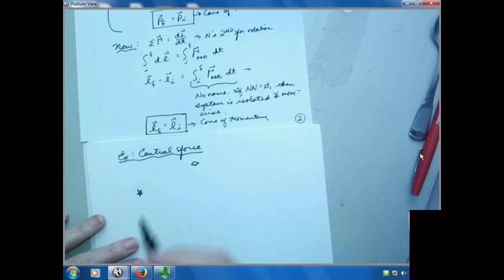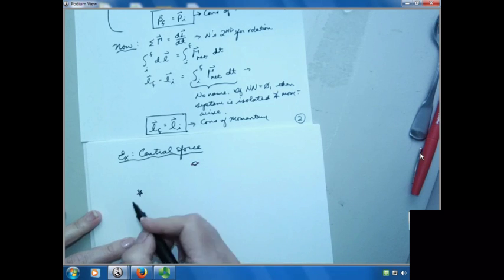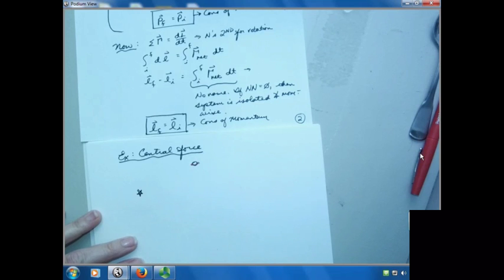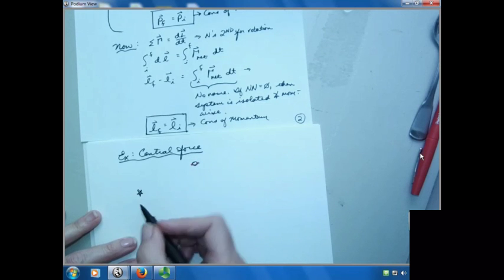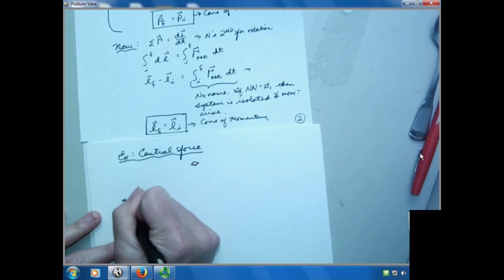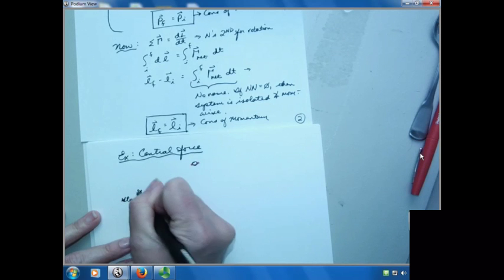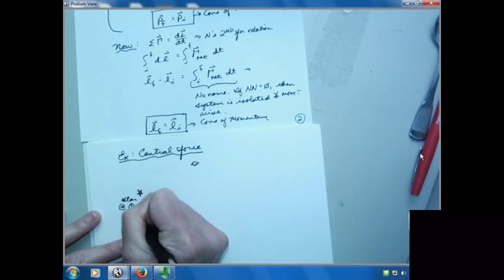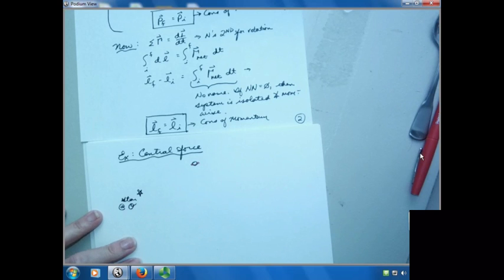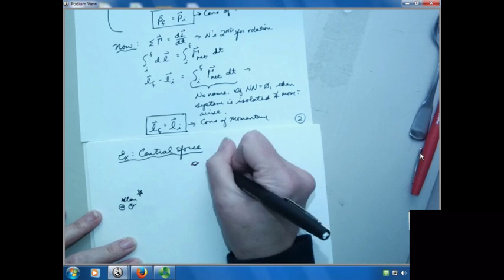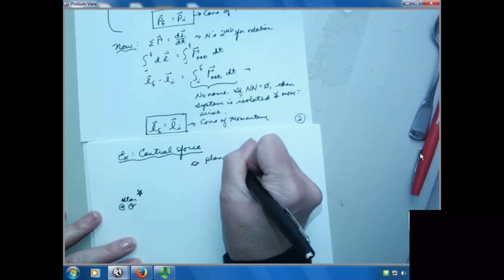So if I choose to make the location of the star the origin, I'll just note that I have a star, and that star is going to be located at what I'm considering to be the origin. And then over here I have this planet.